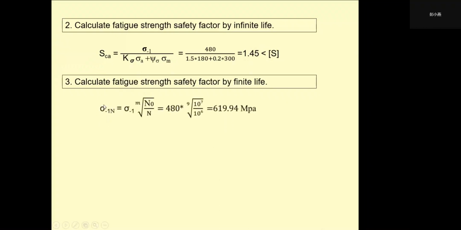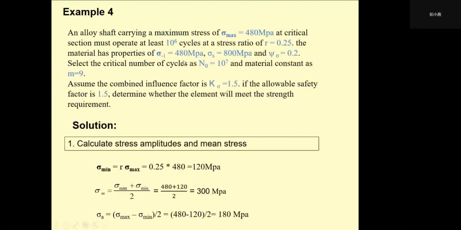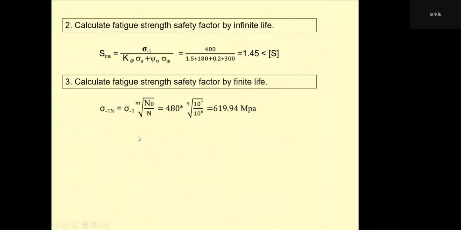Then we should use this sigma minus 1 N. We use this equation to calculate sigma minus 1 N. The N is at least 10 to the 6th power. Then we calculate sigma minus 1 N.